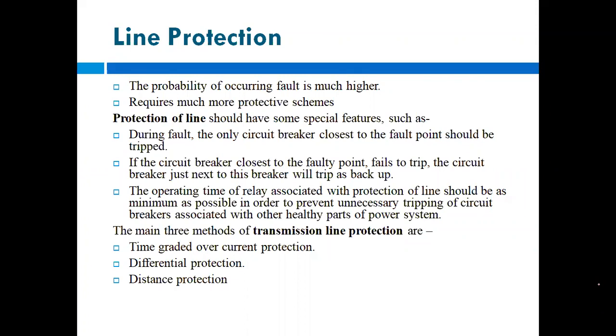But when we are considering transmission lines, these are lengthy and also outside. So the probability of a fault occurring is much higher, because environmental conditions and other natural faults are more there.